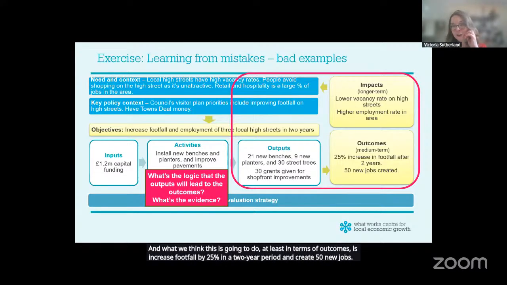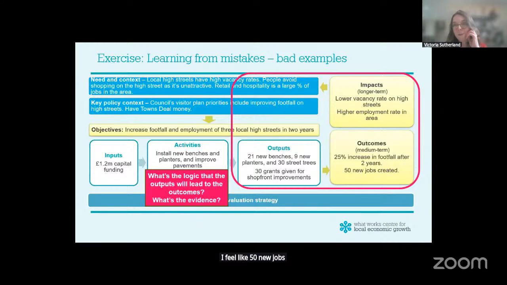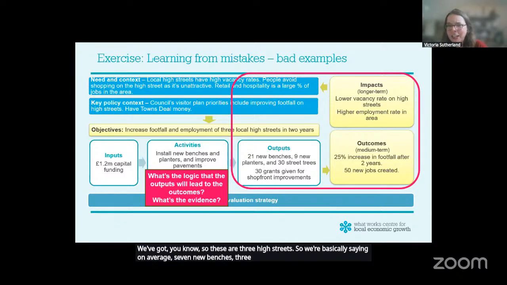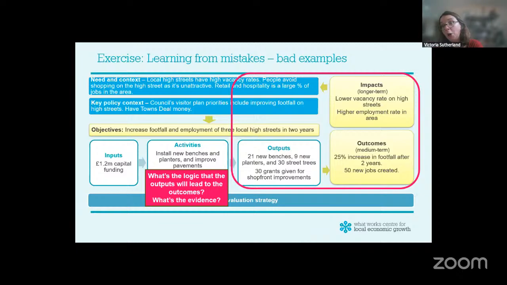I feel like 50 new jobs is really quite ambitious for the scale. These are 3 high streets. So we're basically saying on average, 7 new benches, 3 new planters, 10 new trees, and 10 shop fronts that have been improved. That seems like a lot to feed through into a 25% increase in footfall and 50 new jobs created.